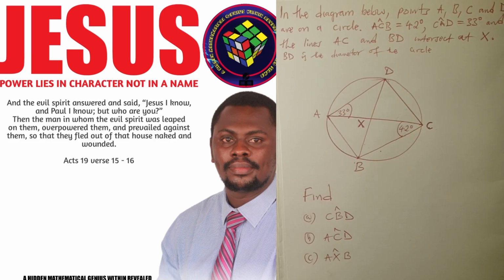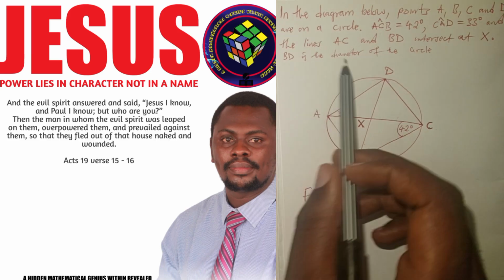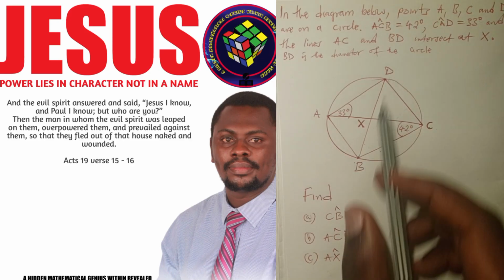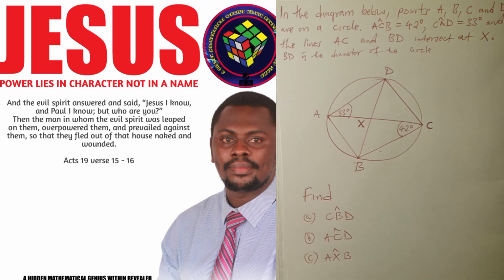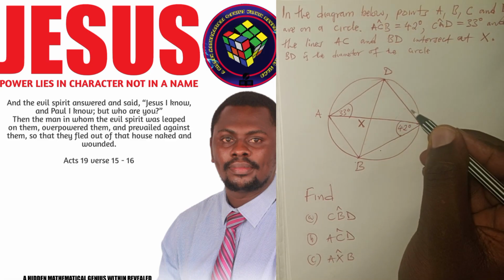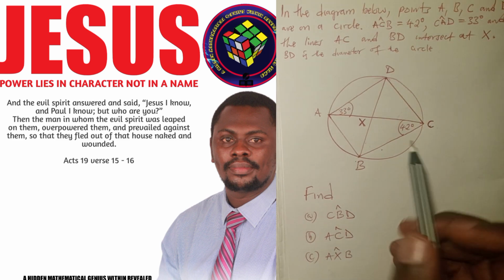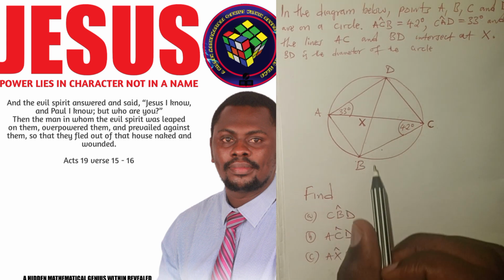Why? We are told that BD is a diameter of the circle. This line is a diameter. Angles produced by a diameter are 90 degrees. So the whole of this angle should be 90 degrees because it is coming from the diameter BD.